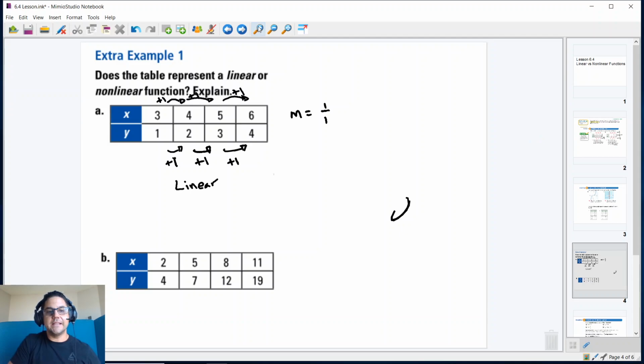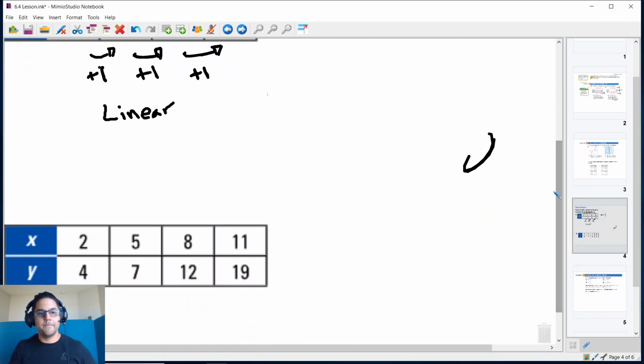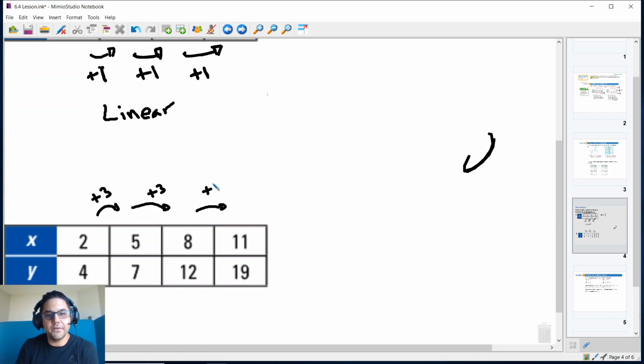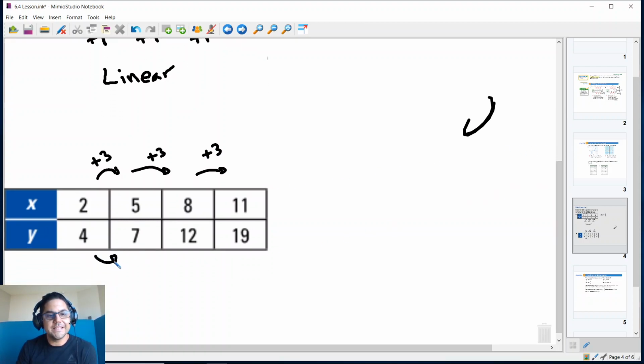All right, let's look at data table B. I've got a 2 to 5. That's an increase of 3. 5 to 8. That's an increase of 3. 8 to 11. Increase of 3. So that's looking pretty good. 4 to 7. That's an increase of 3. 7 to 12. Uh-oh. Increase of 5.